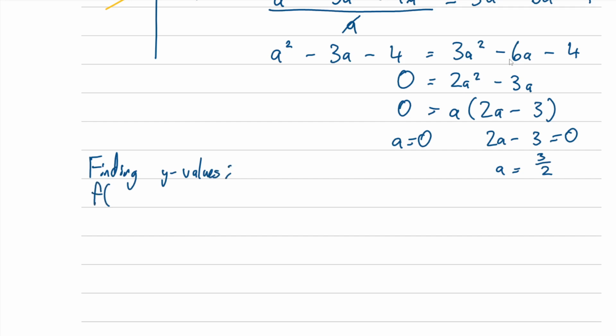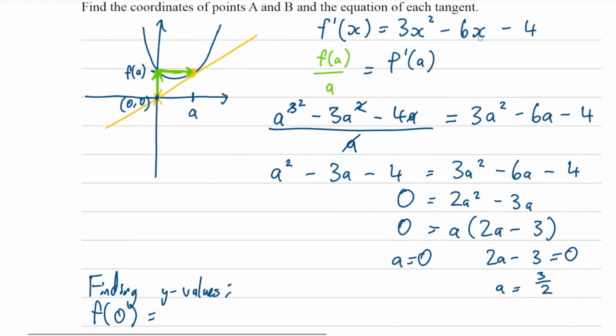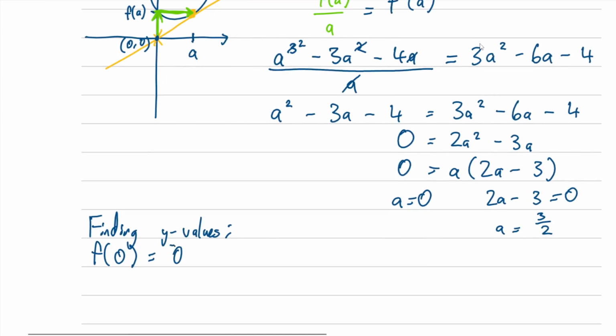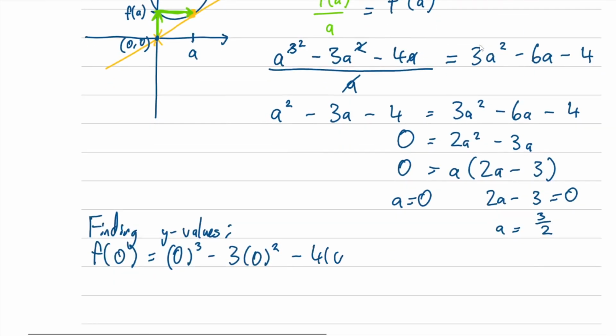When x is 0, it is x cubed minus 3x squared minus 4x, so 0 cubed minus 3 times 0 squared minus 4 times 0, which is 0 minus 0 minus 0, giving 0.